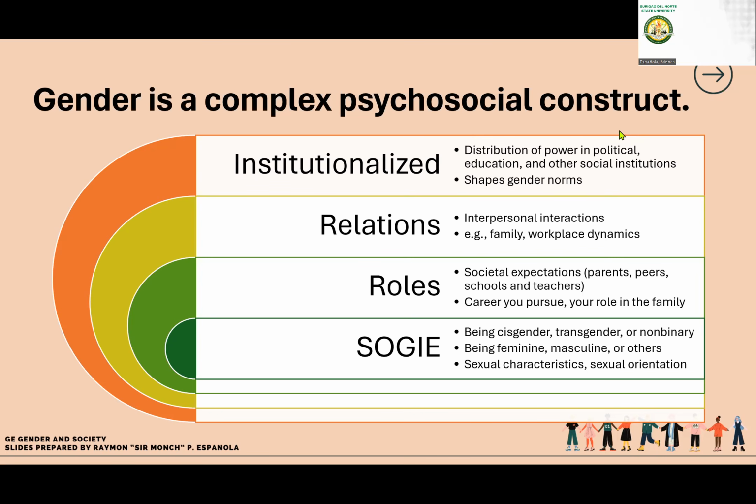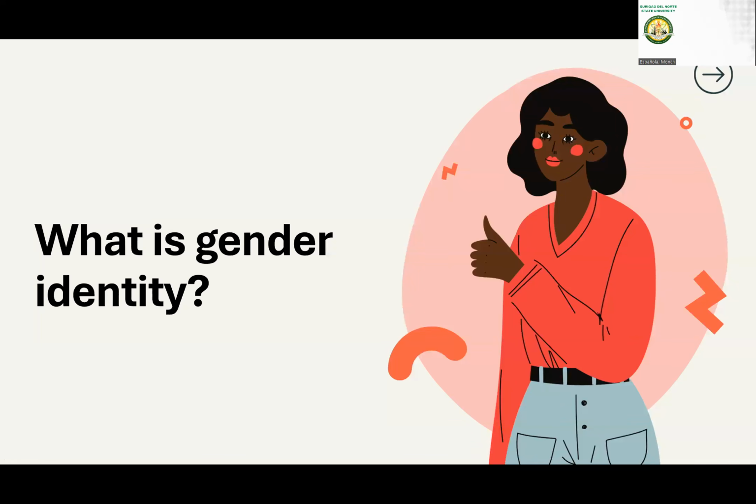As I might have mentioned in class, we will also have chapters on institutionalized gender, particularly legislation in the Philippines, the protections that we afford to biologically female people, and the protections that we afford to people with diverse SOGI. So we'll have more of that later. Now let's go to gender identity.